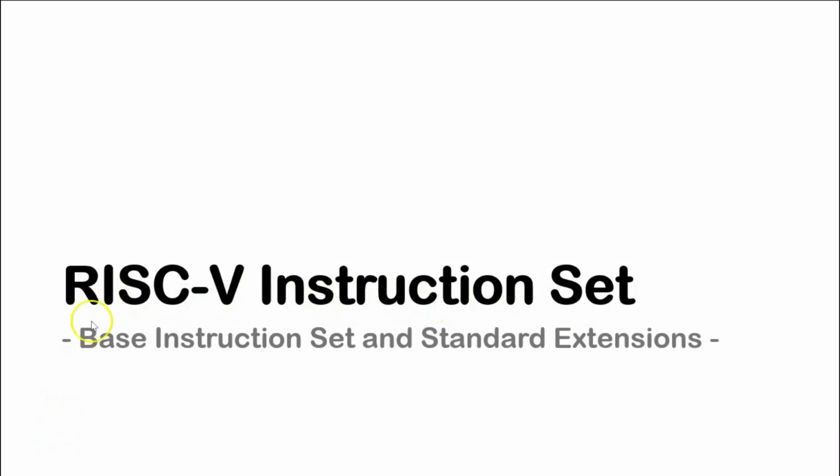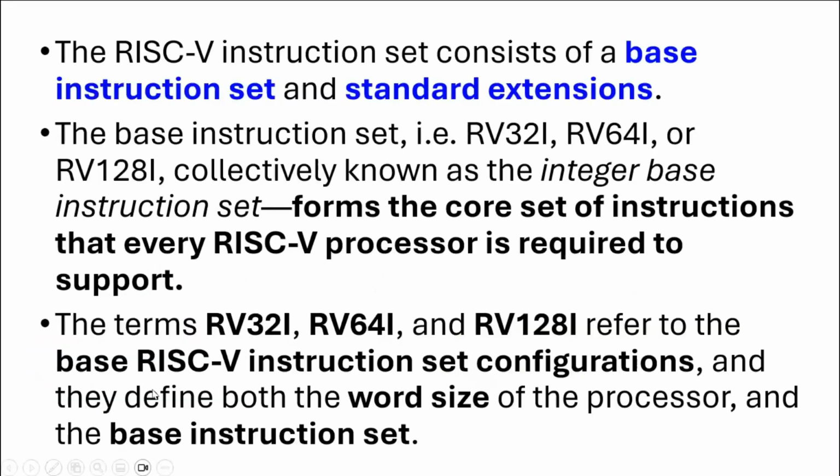RISC-V Instruction Set, Base Instruction Set, and Standard Extensions. The RISC-V Instruction Set consists of a base instruction set and standard extensions. The base instruction set, that is RV32I, RV64I, or RV128I, is collectively known as the integer base instruction set, and it forms the core set of instructions that every RISC-V processor is required to support.